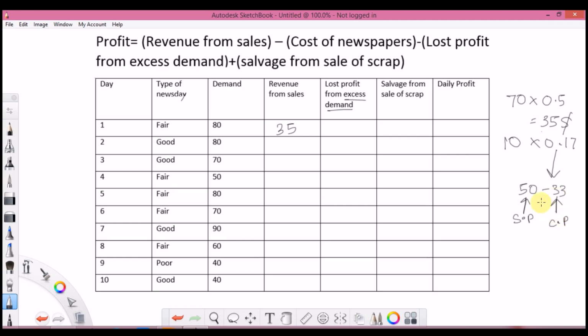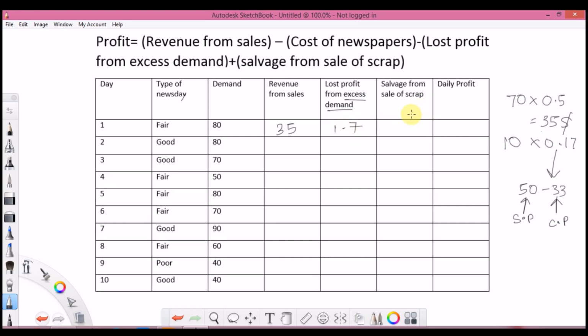So 50 minus 33 gives me 17 cents, that is 0.17 into 10. Why 10? 80 was my demand, but I had only 70 newspapers to sell. So that is my lost profit. 10 into 0.17 gives me 1.7.